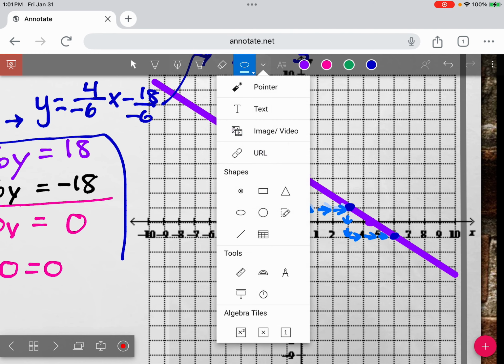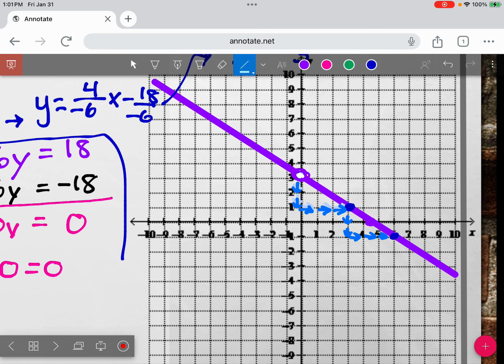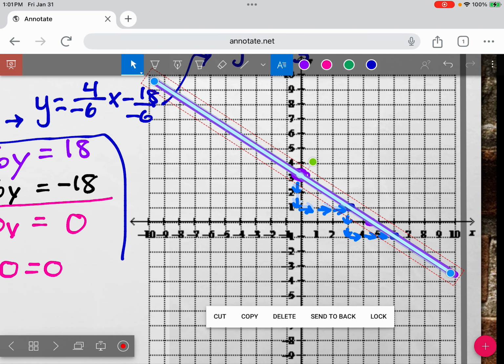Give me back my line tool. I don't need to make an oval. Give me my line. It's actually going to wind up kind of like that, where it's directly on top of the other line. I have both lines graphed here. One's purple and one's blue. But they're directly on top of each other.